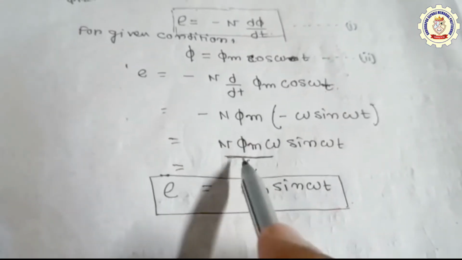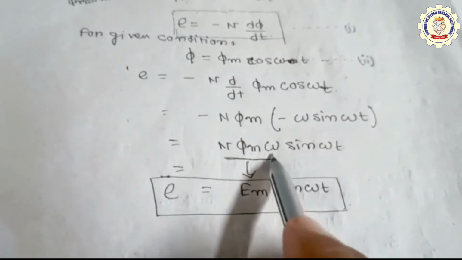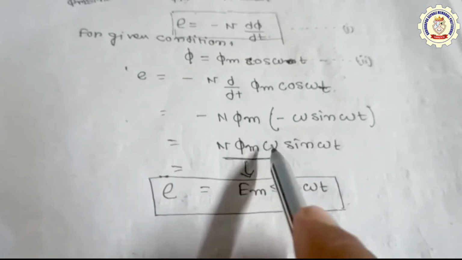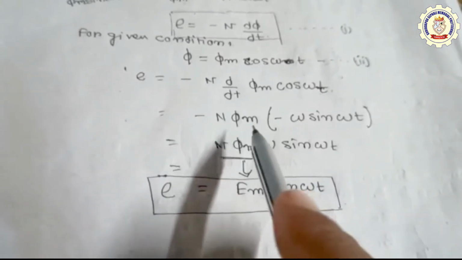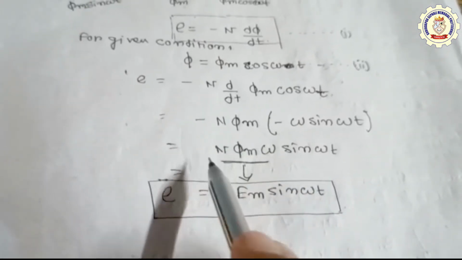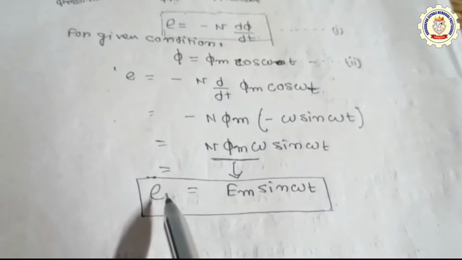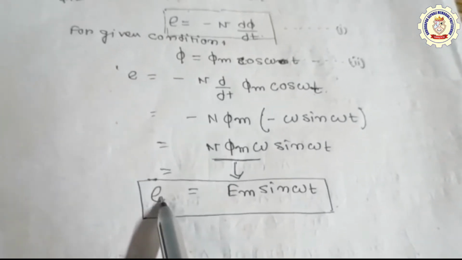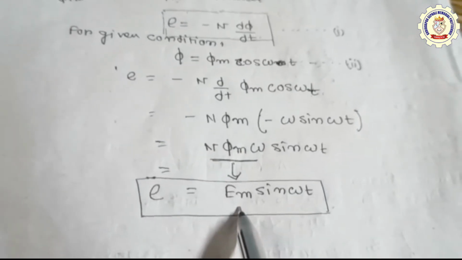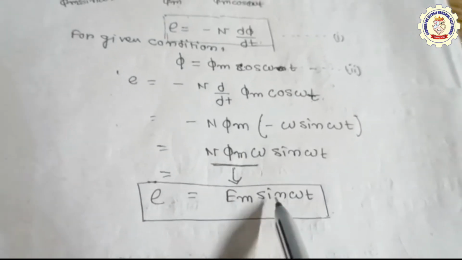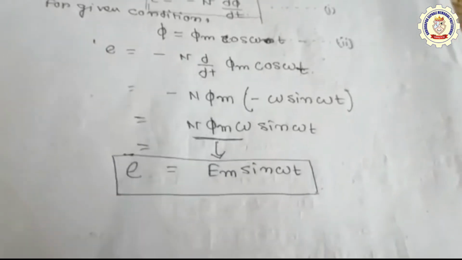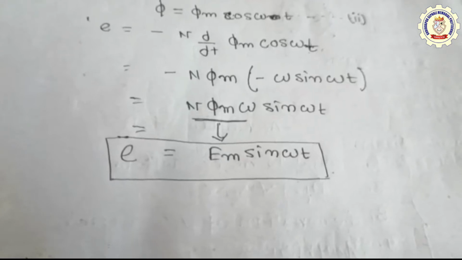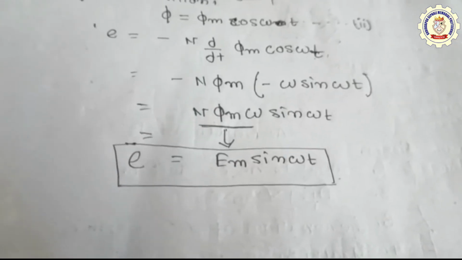So we get E equal to n phi m omega sin omega t. If we represent n phi m omega as E m, then our equation is E equal to E m sin omega t. It is our EMF equation in the form of the instantaneous value.